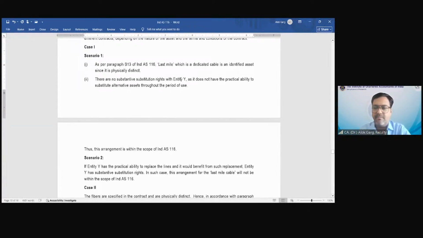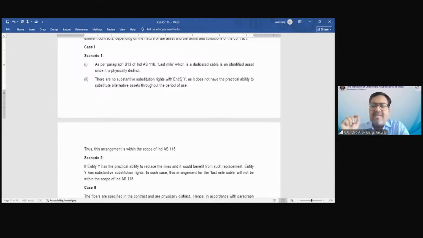One question, sir. Yes. So at 90%, we will consider that he is substantially using the asset, and at 60% we will not consider. Yes. So 90%, in the standard, at many places, in US GAAP also, if you're using 90% or more, you can say that I'm using substantially. The word is not completely.